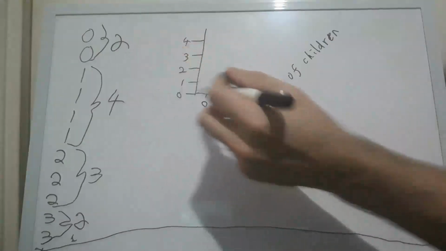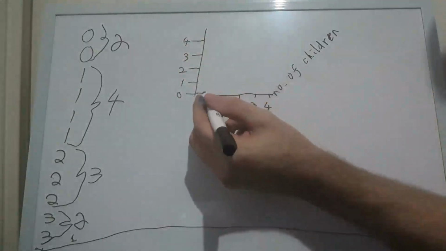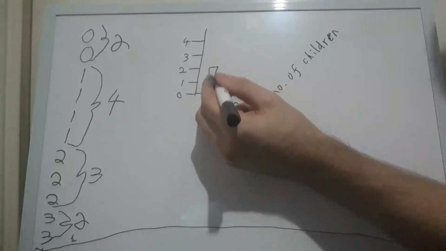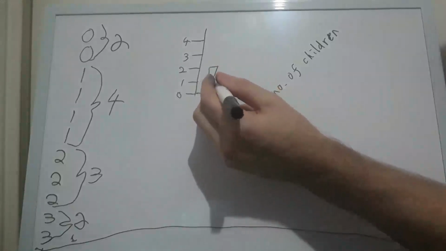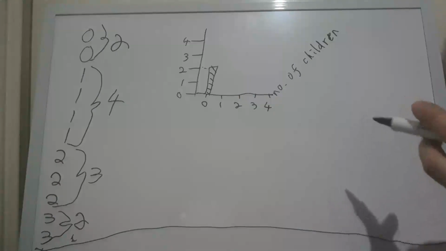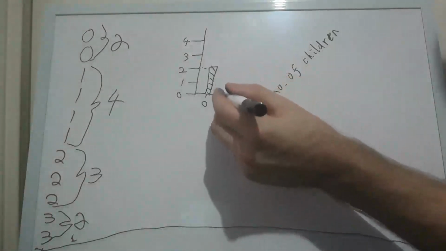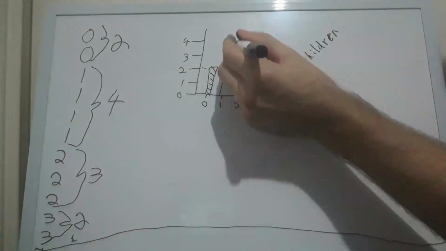So, if 2 families have no children, on your axis of number of children, you look at the 0, and that bar will go up 2. So that's in line with the 2 there. There are 4 families that have 1 child, so this bar will go up to 4.